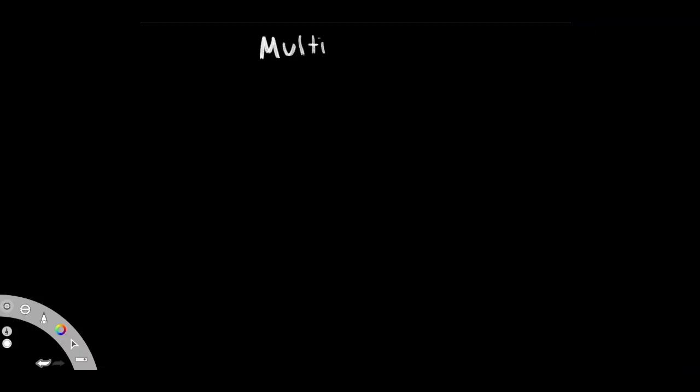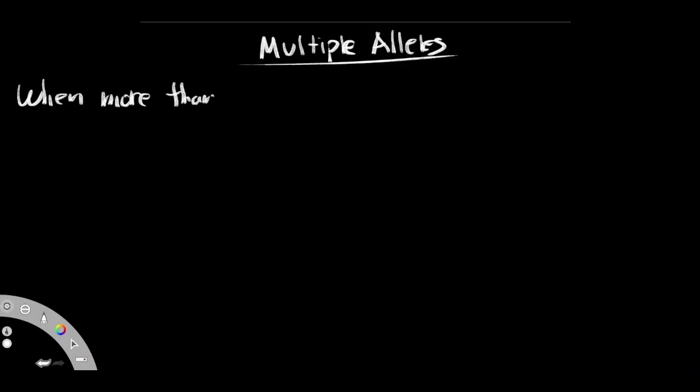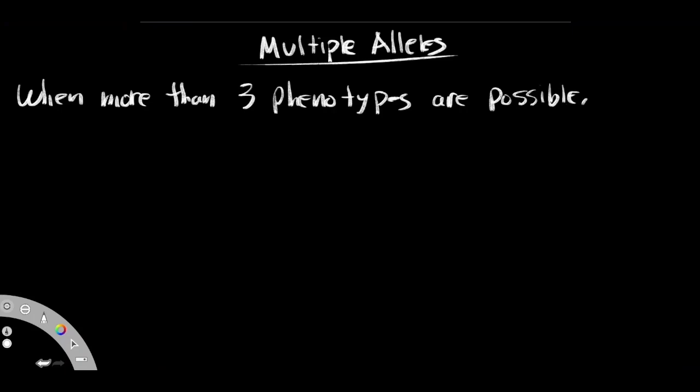All right, so let's briefly look at multiple alleles to finish off this video. When more than 3 phenotypes are possible, then more than 2 alleles for that trait must exist in that population.